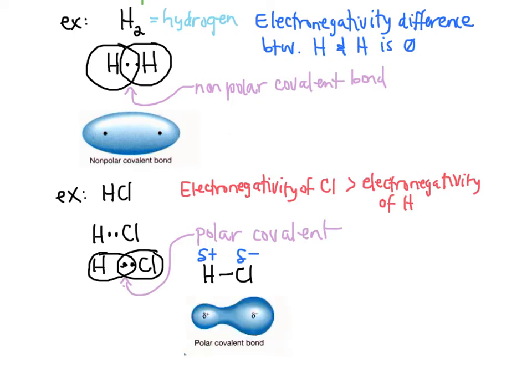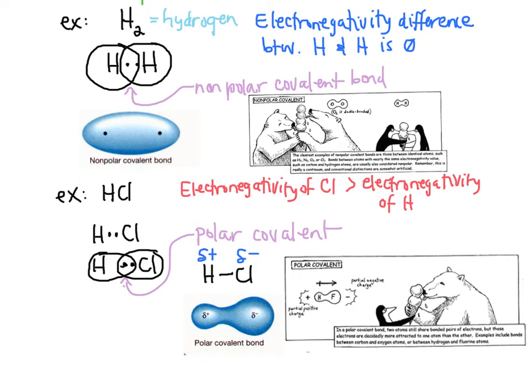This picture shows a polar situation, where with the hydrogen and the chlorine you can see the electron density is larger around the chlorine because those electrons spend more time around it. Here's a cute cartoon that might make this clearer.